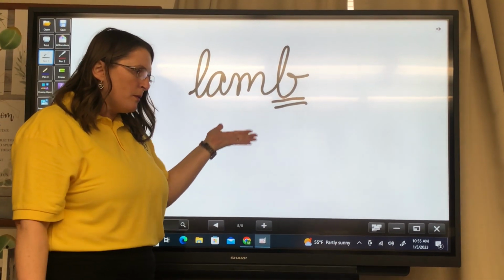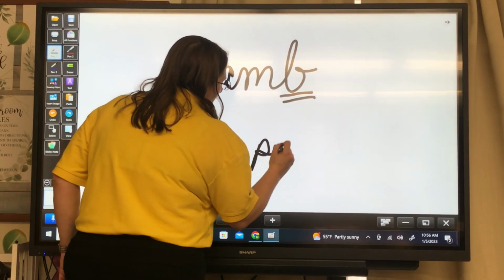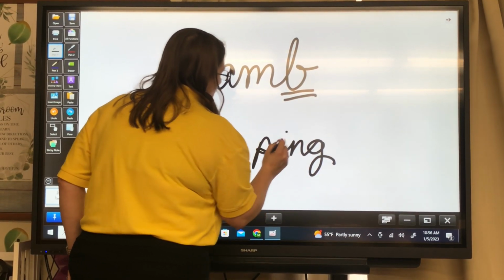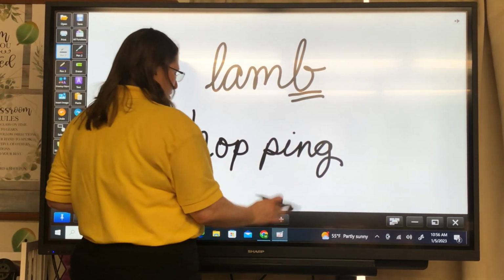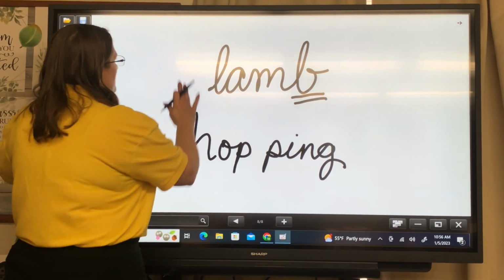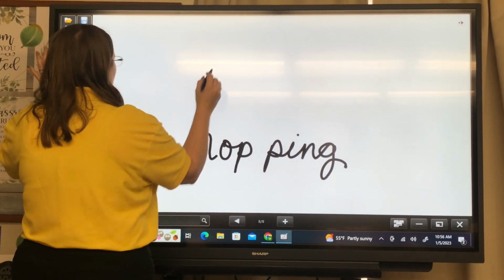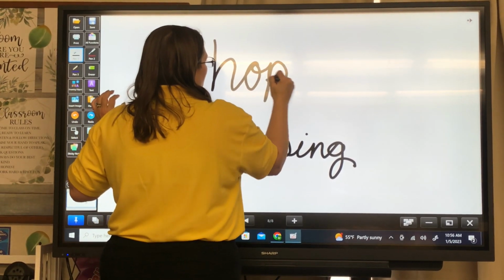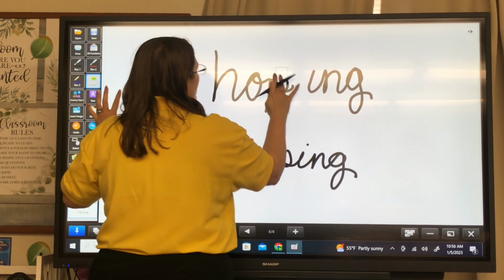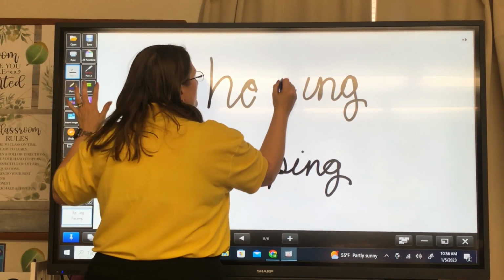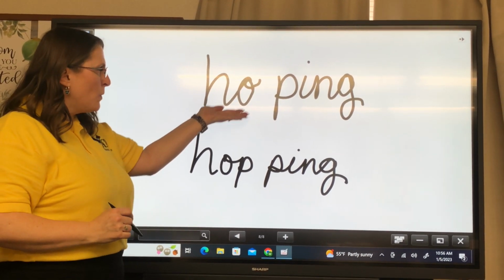Okay? So in the book we use this for an example, but you also might have situations like this with the word hopping. Hoping looks like this, ho-ping.